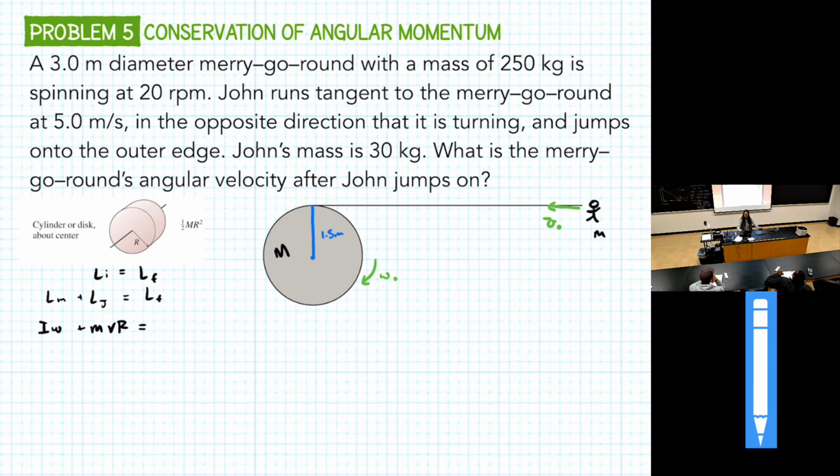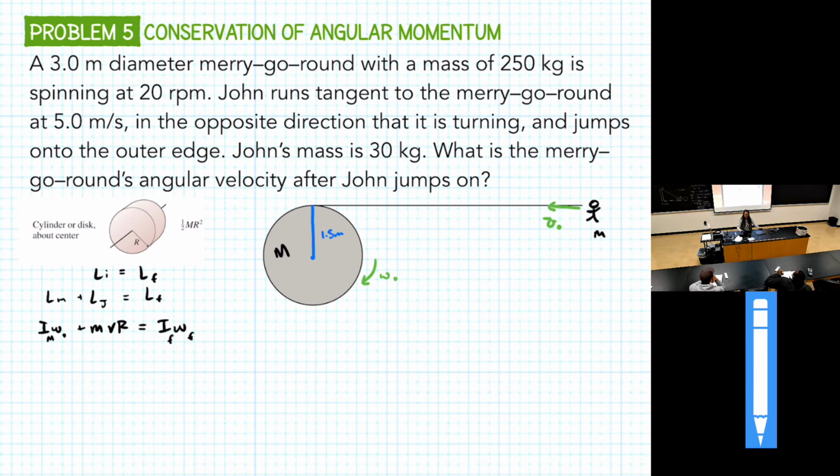And then the final is still going to be I omega, but I is going to be a little bit complicated, so we'll talk about that in a minute. But I initial is just the merry-go-round, and then this is the initial angular velocity.